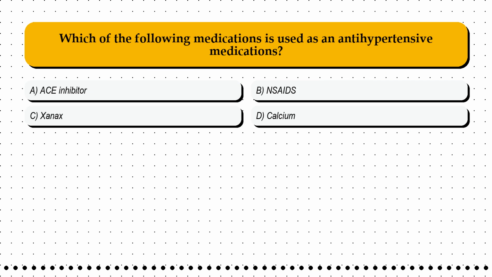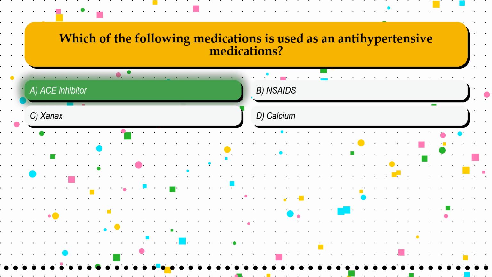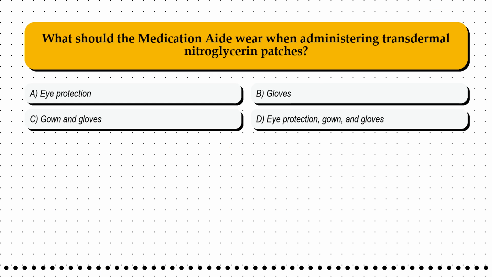Question 256. Which of the following medications is used as an antihypertensive medication? Option A, ACE inhibitor. Option B, NSAIDs. Option C, Xanax. Option D, calcium. The correct answer is option A, ACE inhibitor. Question 257. What should the medication aide wear when administering transdermal nitroglycerin patches? Option A, eye protection. Option B, gloves.